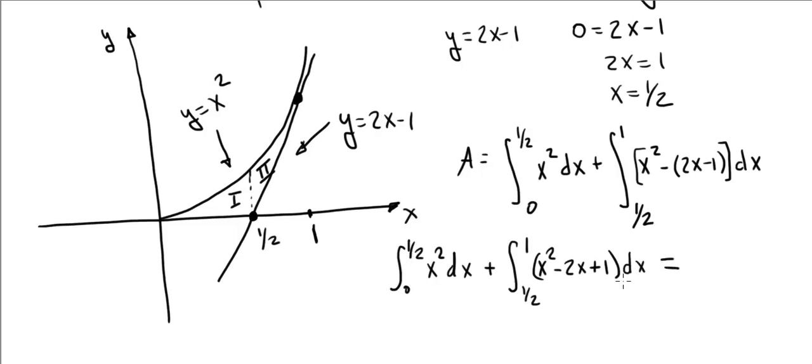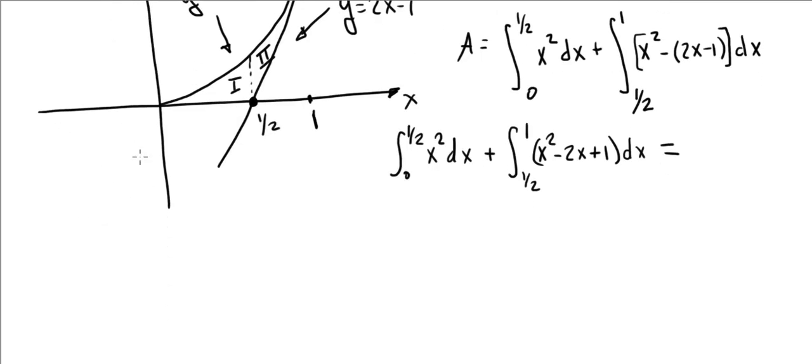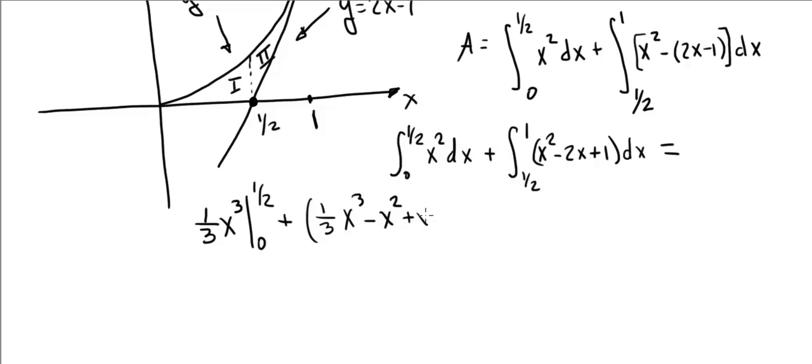So these are now very easy integrals. Everybody should be able to clearly and easily integrate them. We have 1/3 x cubed evaluated from 0 to 1/2, plus 1/3 x cubed minus x squared plus x, evaluated from 1/2 to 1. Plugging in 1/2 into the first part, 1/2 cubed is 1/8, times 1/3 is 1 over 24.